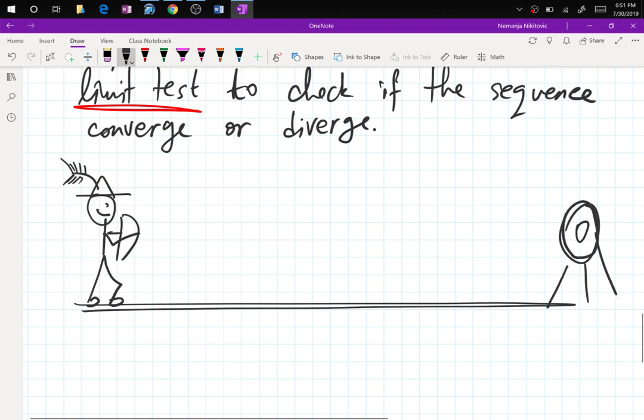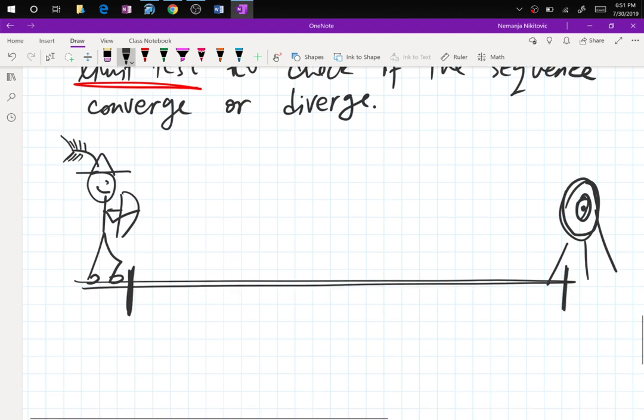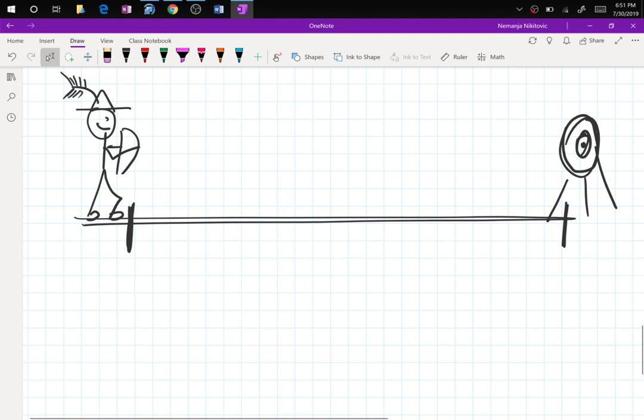The archer is a perfect shot. He's going to definitely hit the bullseye. This is what Zeno is wondering. You shoot this arrow to the target. The arrow has to cover this distance. We'll call that distance L, from 0 to L.